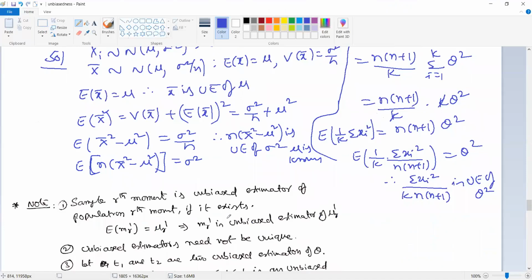Mu unknown case: expectation of small s square is equal to n minus 1 by n sigma square after simplification. This implies expectation of n s square by n minus 1 is equal to sigma square. Treating this as capital S square, expectation of capital S square is equal to sigma square.